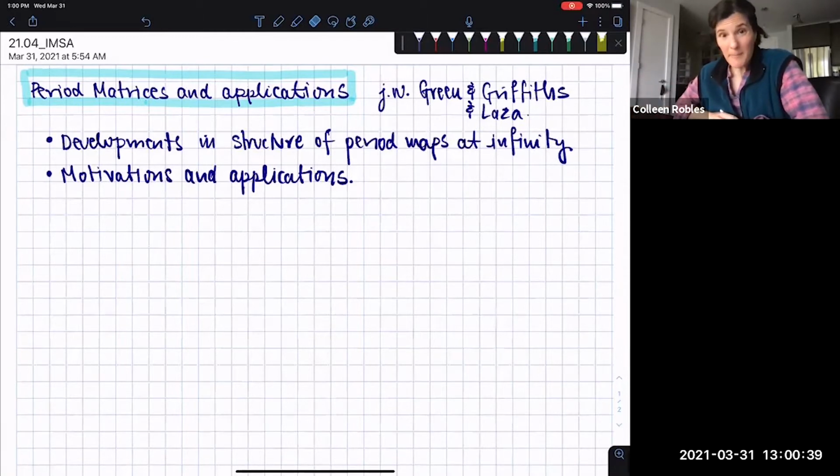So I'm going to spend a lot of today talking about a structure that's come up in several of the other talks, and those are representations of period maps by period matrices.